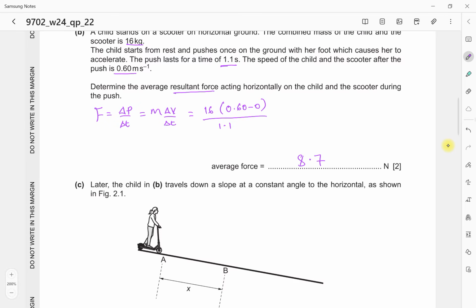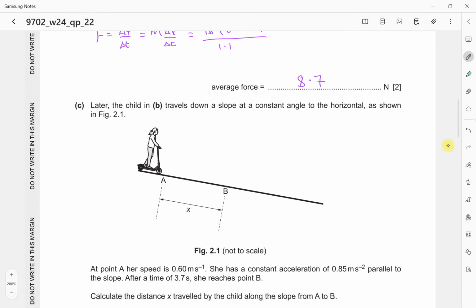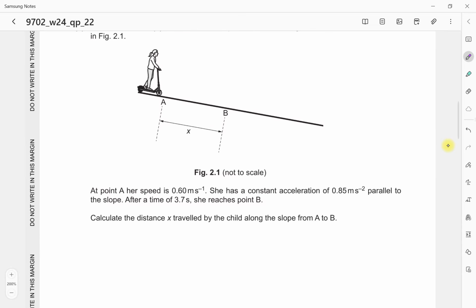Later, the child travels down a slope at a constant angle to the horizontal as shown in the figure. At point A, her speed is 0.6. She has a constant acceleration. If the acceleration is uniform, then the equations of motion can work.